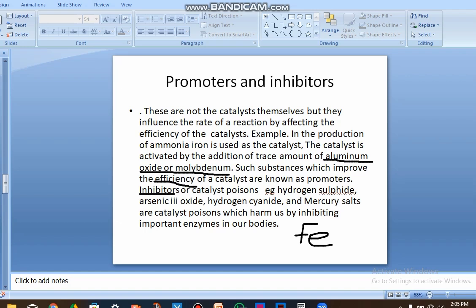Let me just continue, but just know that some food substances that contain mercury are not that good for our system because they inhibit or decrease the importance of enzymes in our body, and enzymes are very important. So are you getting it now? Okay, so take note. Let's continue.